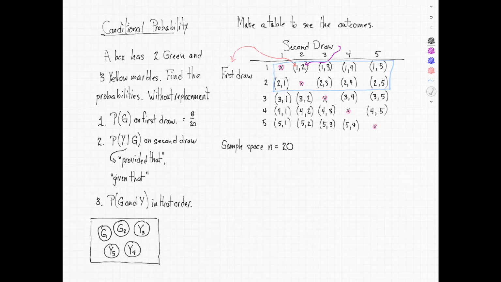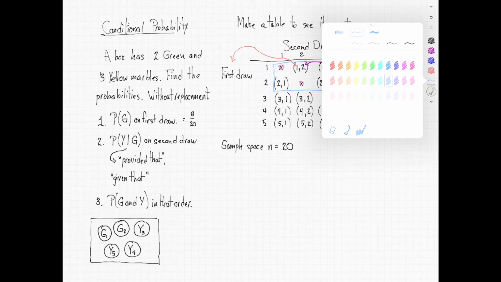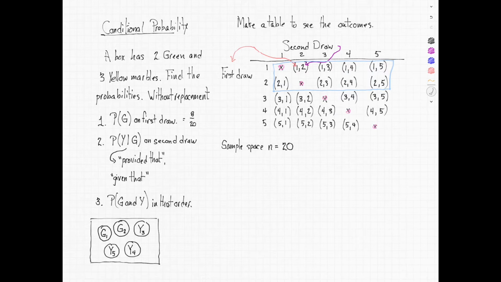On the second draw, now this is a little unique. This says on the second draw, what's the probability it's yellow given that you've already drawn a green? Well, that changes the story a little bit. Notice that means that our sample space now isn't the entire sample space.